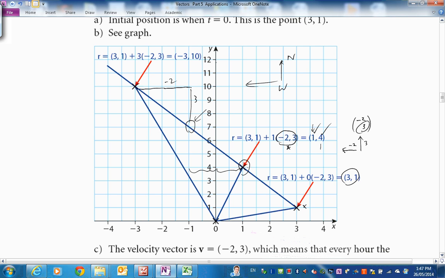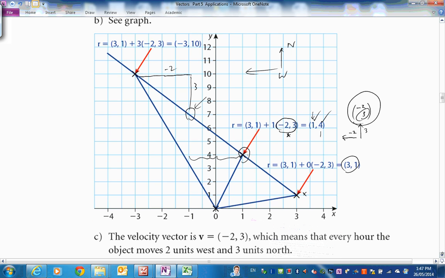Okay, can you see with constant velocity problems, each time unit, if t increases by 1, you will move the same amount from before in the x and the y. Okay, and what's the velocity? What's the speed going to be?